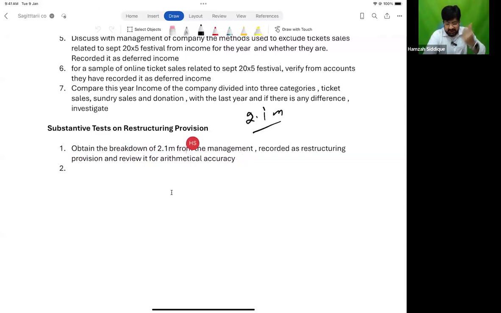Now, the next point is, they said that acquisition of plant is included in it. Refurbishment cost is included in it.